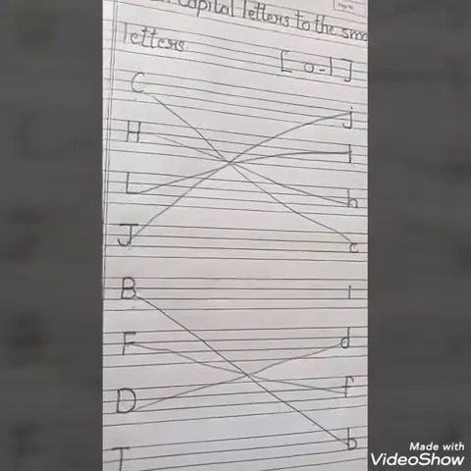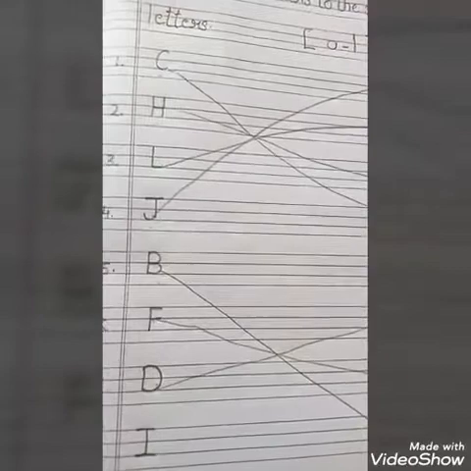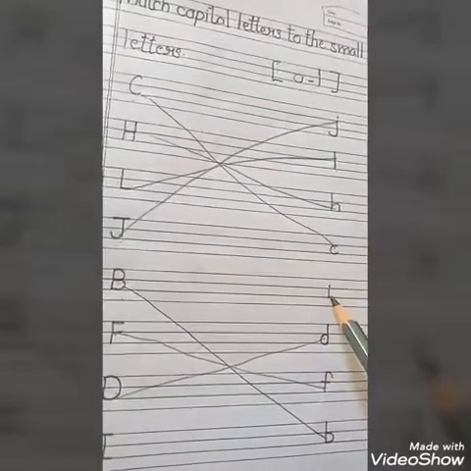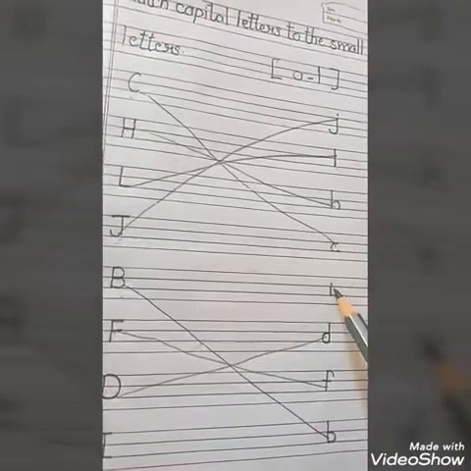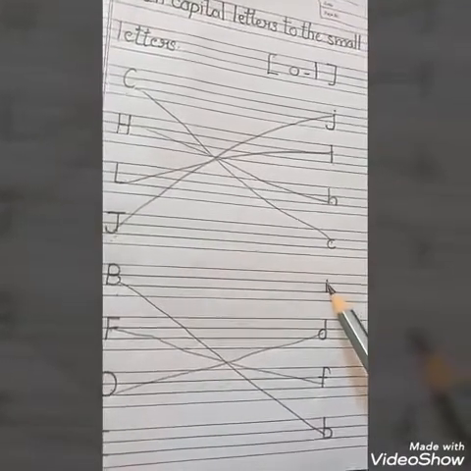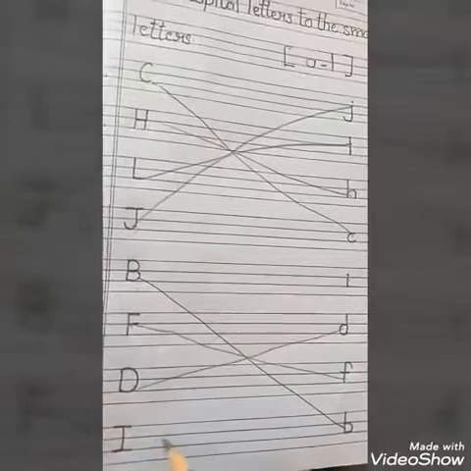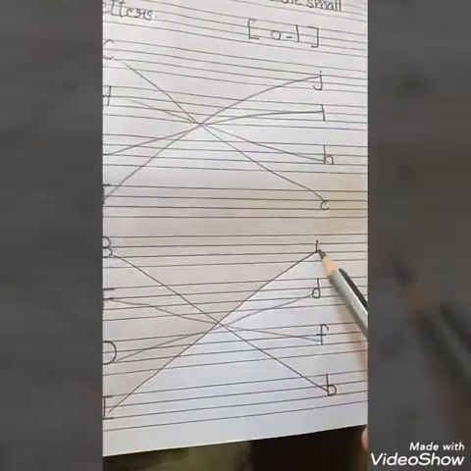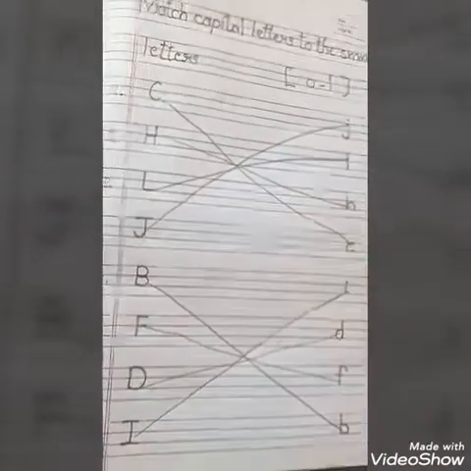I is very easy to find because there is a small standing line at the dot and a dot at the top, right? We will match the capital I with the small i, right, in this manner.